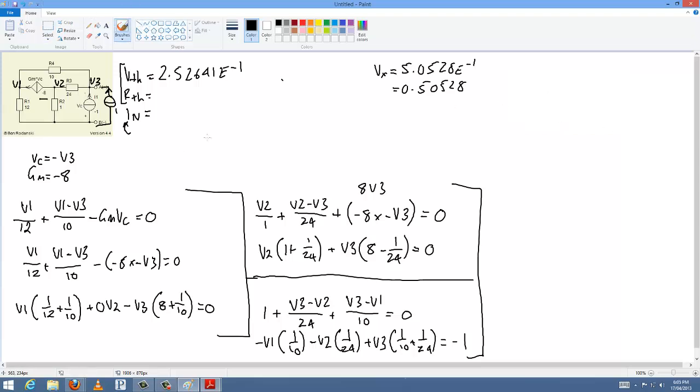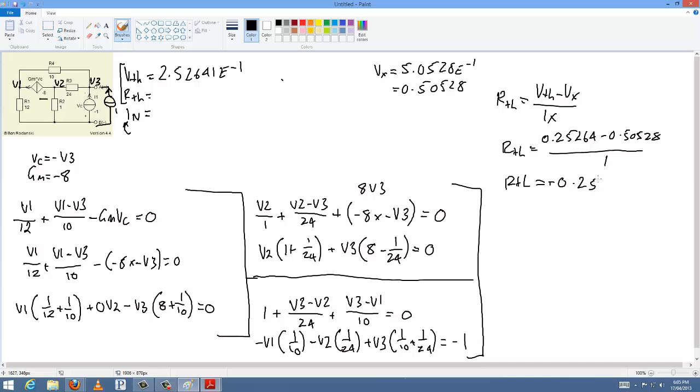People make mistakes. Okay. The equation is R Thevenin equals V Thevenin minus Vx on Ix. R Thevenin equals 0.25264 minus 0.50528 on 1. R Thevenin equals negative 0.25264.